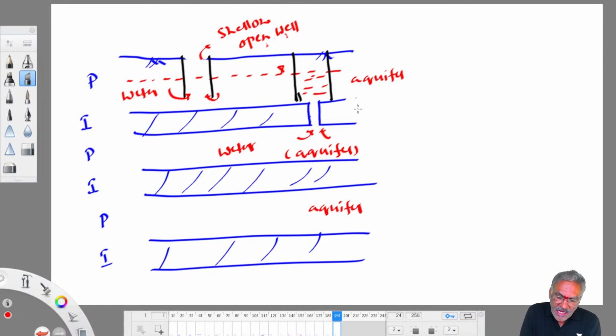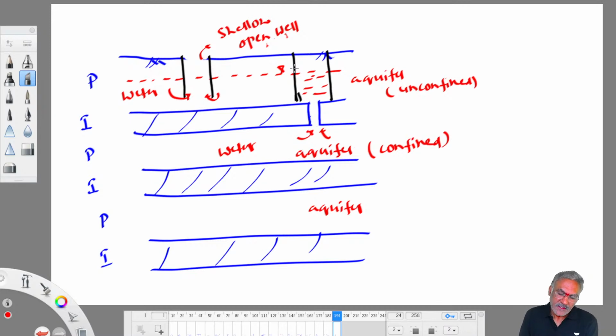So what are these aquifers called? The top aquifer is called what? Confined or unconfined? This is unconfined. The remaining aquifers which lie below, deep inside the ground, are called confined aquifers, confined between two impervious strata. This is the confined aquifer, this is the unconfined aquifer.